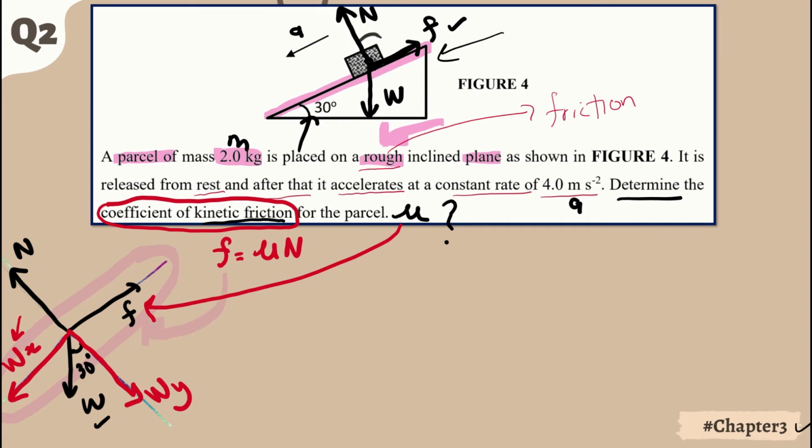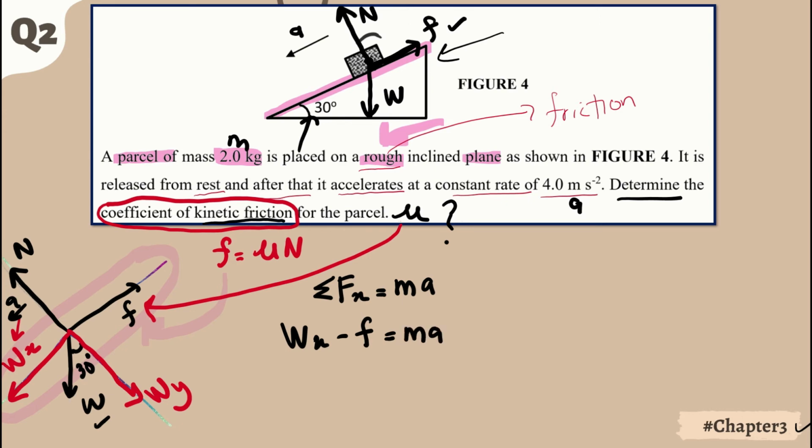So we start by writing the equation in the x-axis. Summation of Fx equals ma. In the x-axis we have Wx minus friction, because the motion is in this direction. So Wx positive minus friction equals ma.